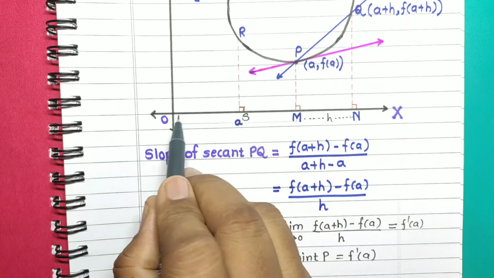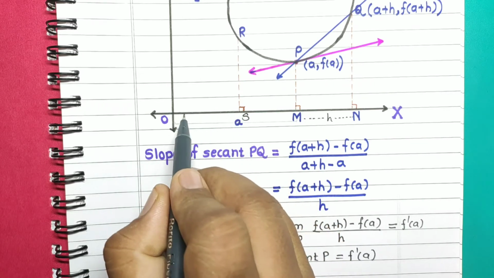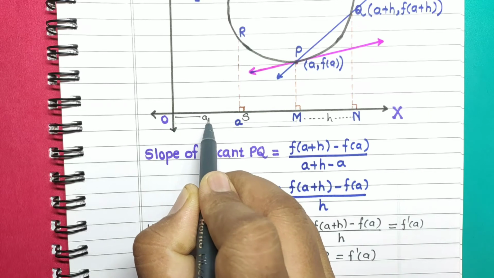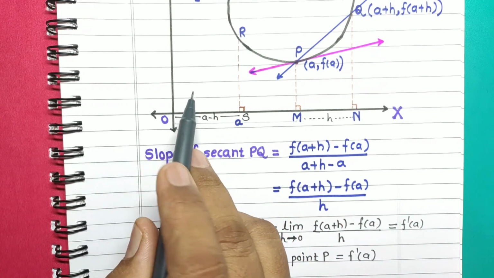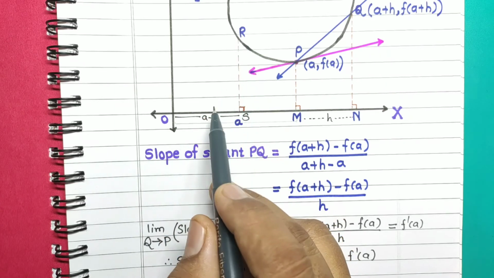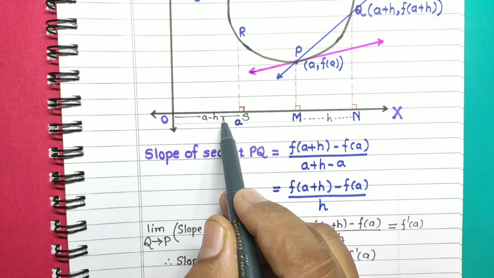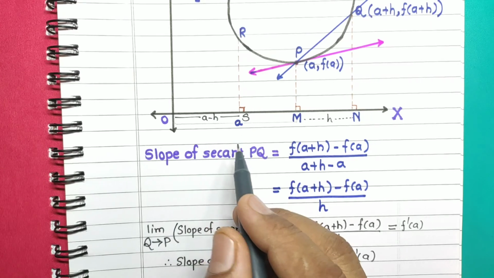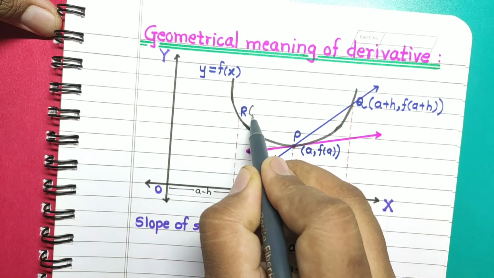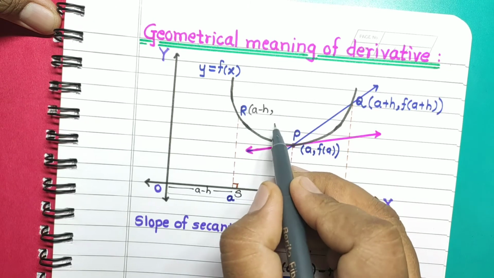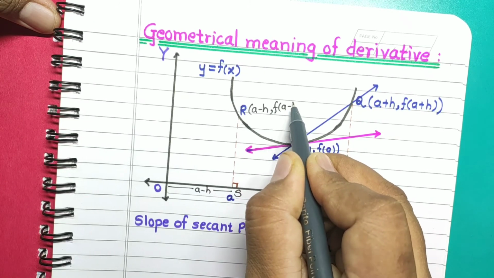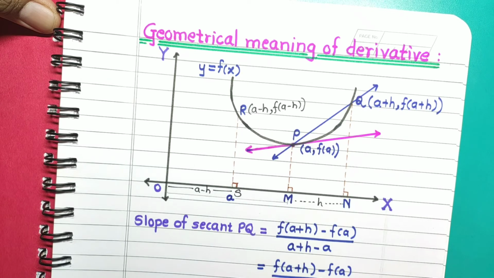So S is at a distance of a minus h. See, this distance is a minus h from the y-axis. So point R is also at a distance of a minus h, and therefore its x coordinate is a minus h, and therefore its y coordinate is f of a minus h.